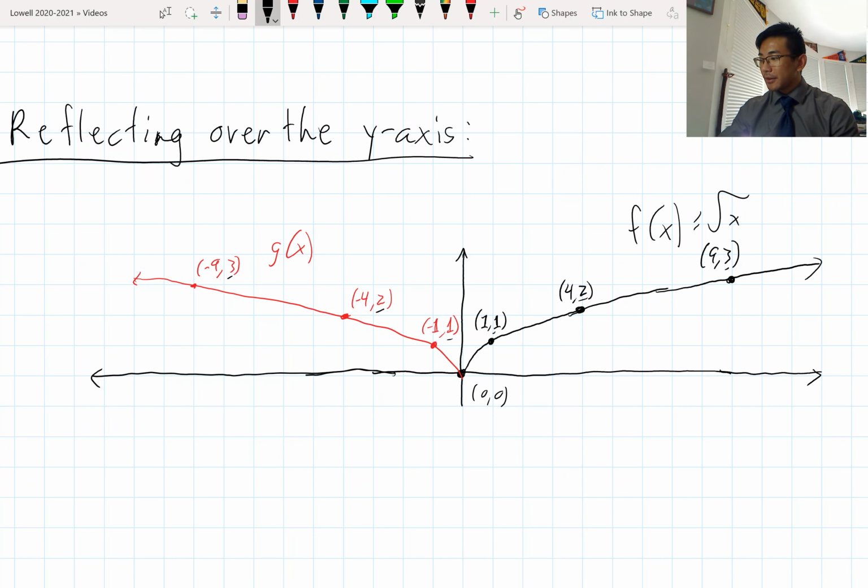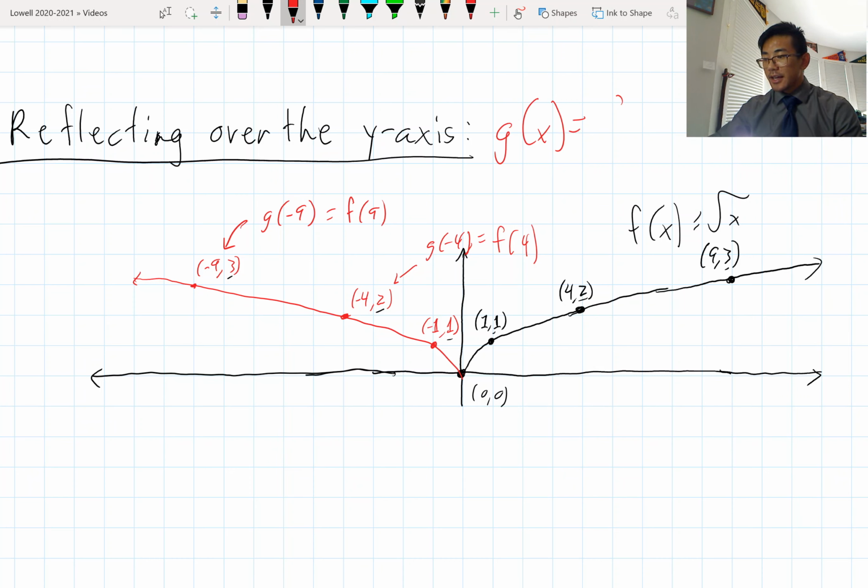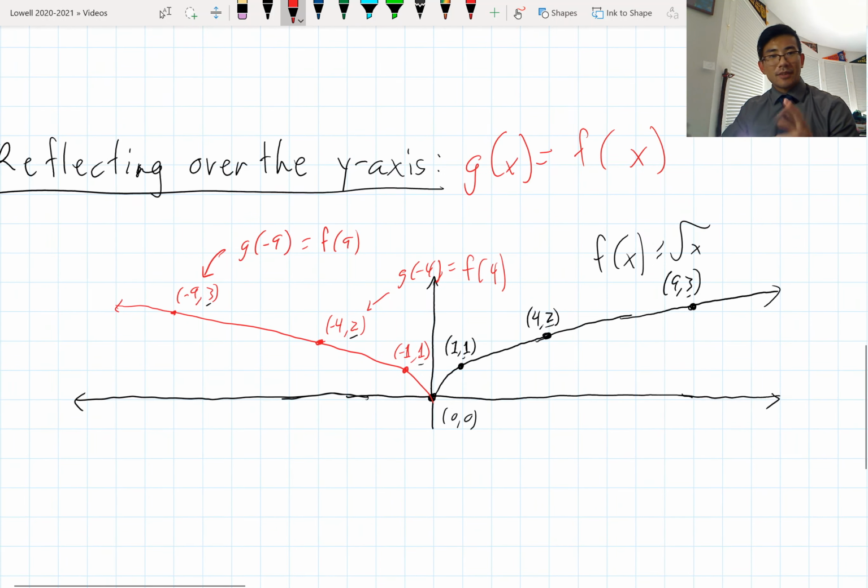And so if you think about it, I'll use this example here. Right here, I know that g of negative 9 is equal to f of positive 9. And likewise, right here, g of negative 4 is equal to f of positive 4. And so really all I need to say here is that g of x is the exact same function f of x, just with the opposite x values.